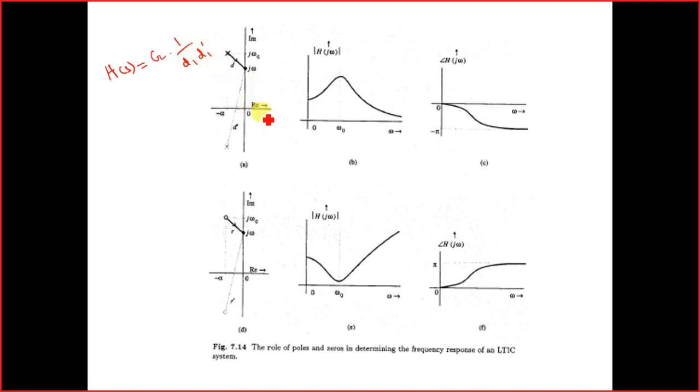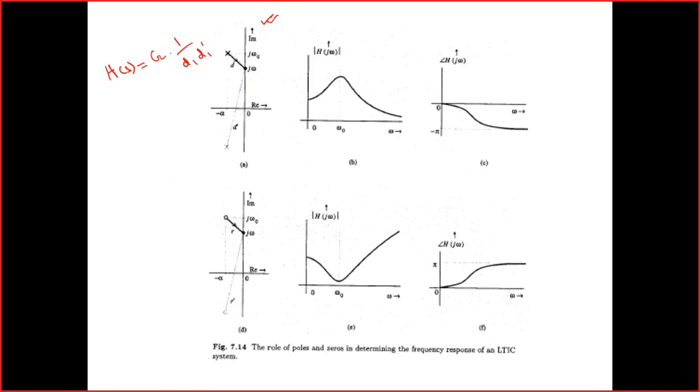I have taken d1 dash because their coordinates are similar but they are conjugate to each other. Okay, so I have not taken d2 separately. This is a hypothetical case, but this filter is a realizable filter.